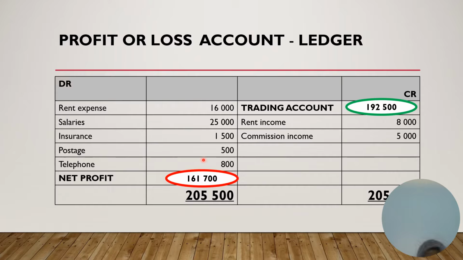So when you open your profit or loss account, your gross profit or trading account will be on your credit side, and then you add any other income, and then you minus your expenses, which are on the debit side, and then the remainder or the balancing figure will be your net profit. Right, next slide.